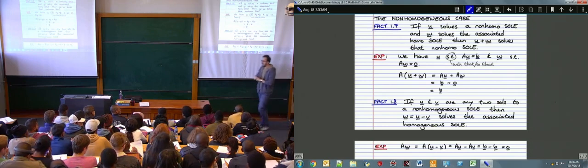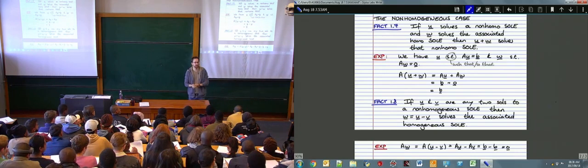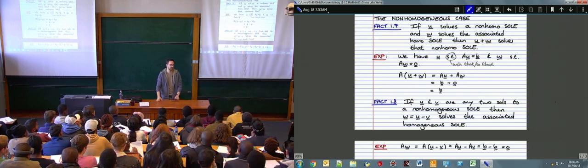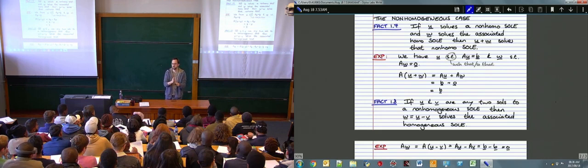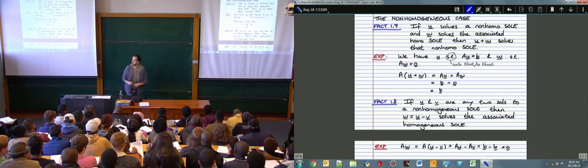And further, every solution to the non-homogeneous system can be found in this way. So every solution to your non-homogeneous system can be found by finding just a single solution and then adding on something from the homogeneous solution space, something from the null space of A.